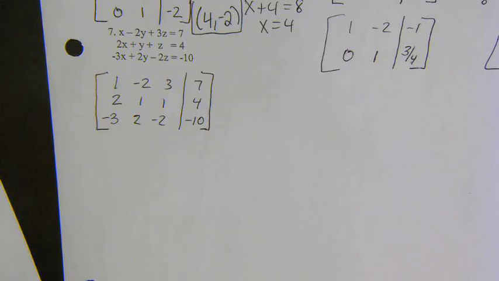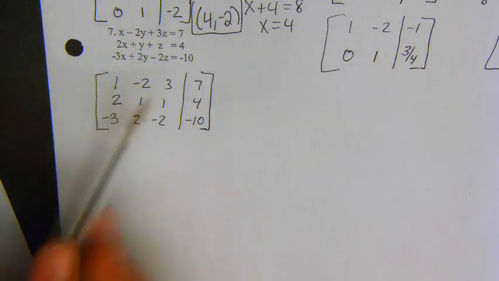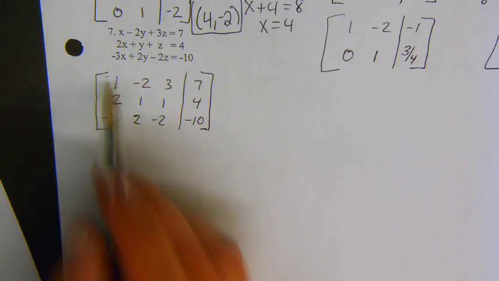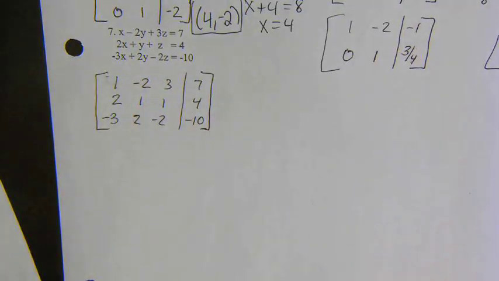Division is not an option. I want this to be a 1. It's a 4 right there. I could use adding or subtracting. Go ahead, Mason.